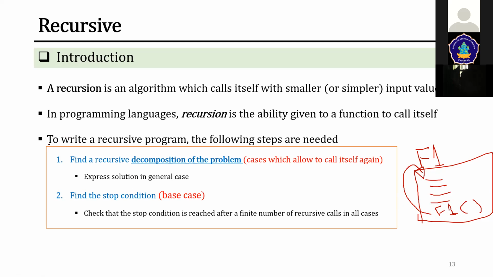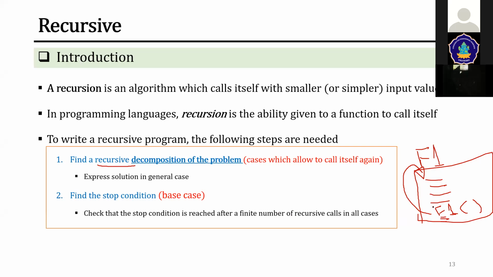To write a recursive program, we need some steps. The first one is to find a recursive decomposition of the problem. That means deciding in which case we should allow our code to call the function again. In this example, f1 should not be put directly inside the body. We should have a conditional statement: if something happens, if the number is not 0, we call this function again.